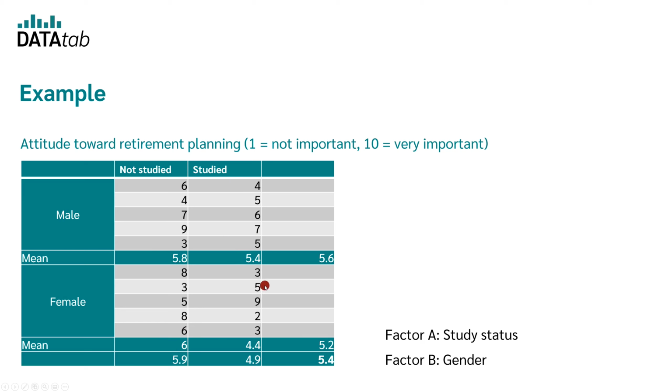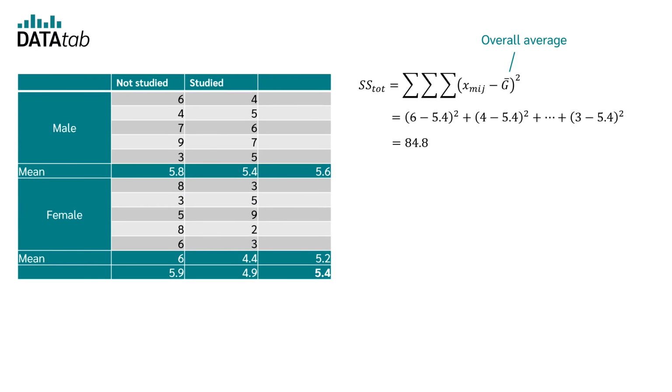Then we calculate the mean value of all men and women and the mean value of non-students and students. Finally, we need the total mean value. With this, we can now start and calculate the required sums of squares. Let's start with the total sum of squares.